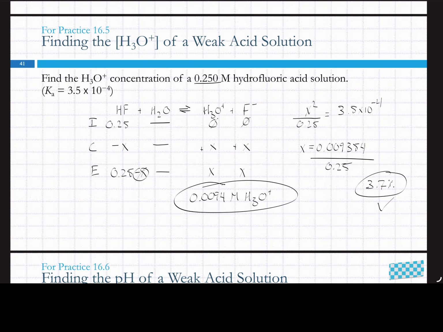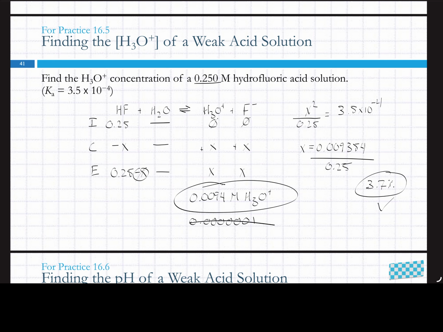It's always the same, 10 to the negative 7, which is 0.0000001, insignificant compared to the amount of acid that we got from the hydrofluoric acid.